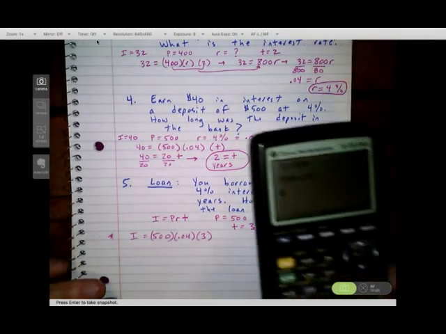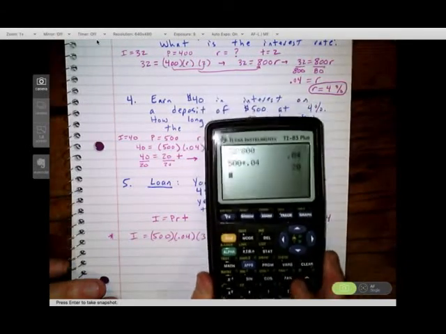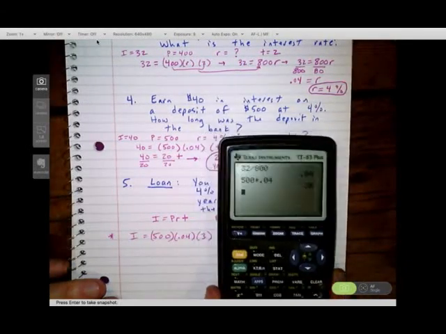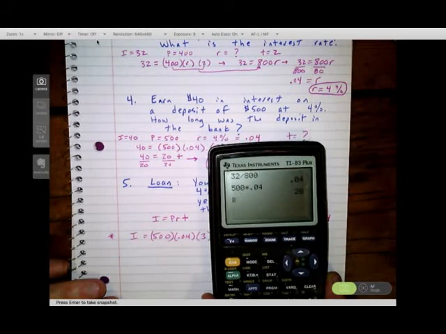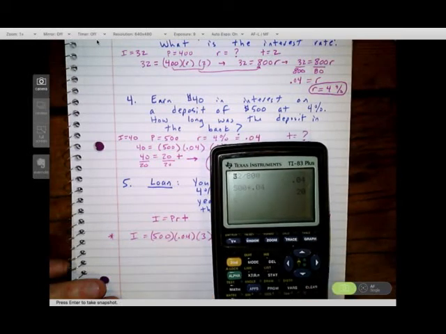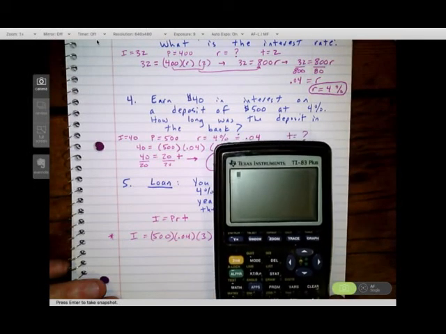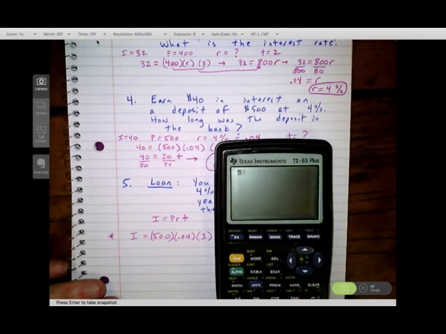Okay, so that'll tell us the interest. That's basically our fee for borrowing the money from the bank. Okay, so let me see if I can show you both what I'm trying to type in and the calculator screen, which is a little tricky with the light from my camera here. 500 times 0.04 times 3 is 60 bucks.